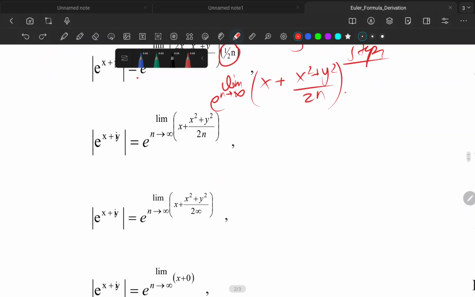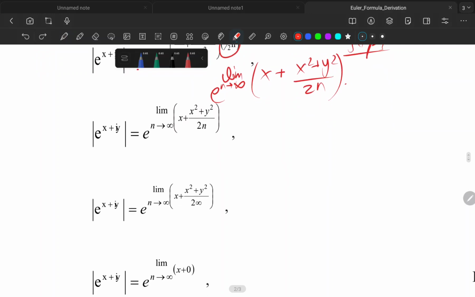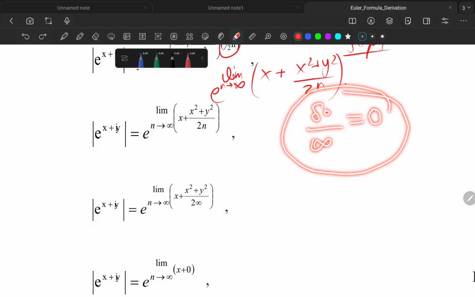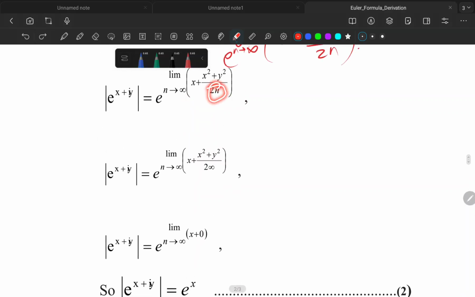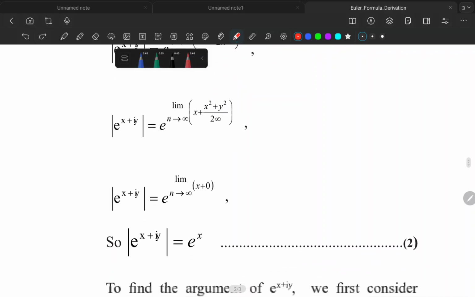When you look closely, let's put n to infinity in this argument. When you put something divided by infinity, that is 0, right? So this argument becomes 0 because there was n in the denominator, as we saw.